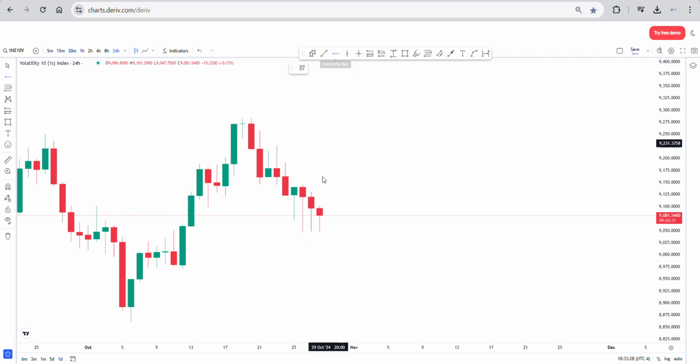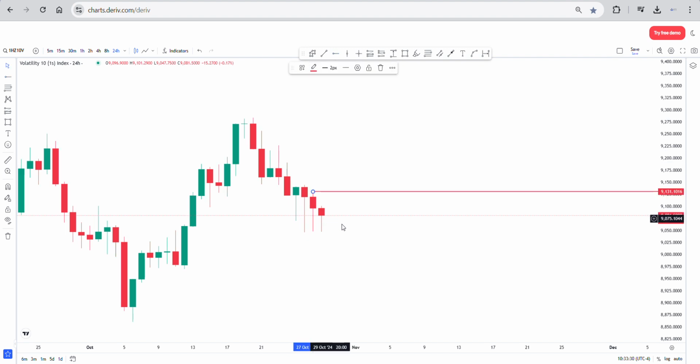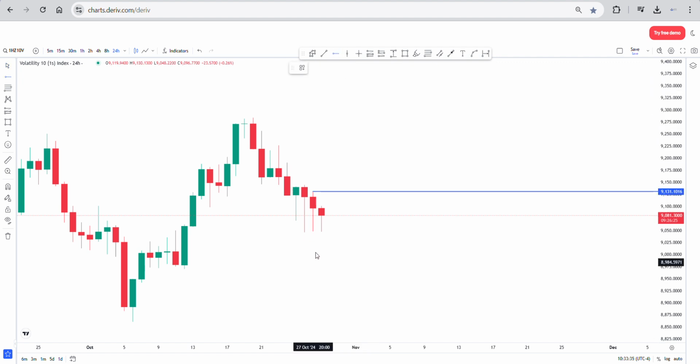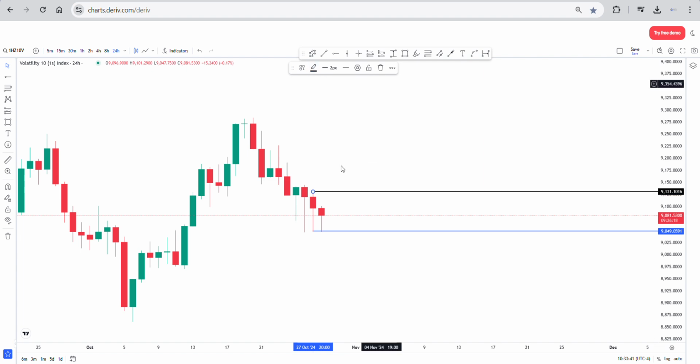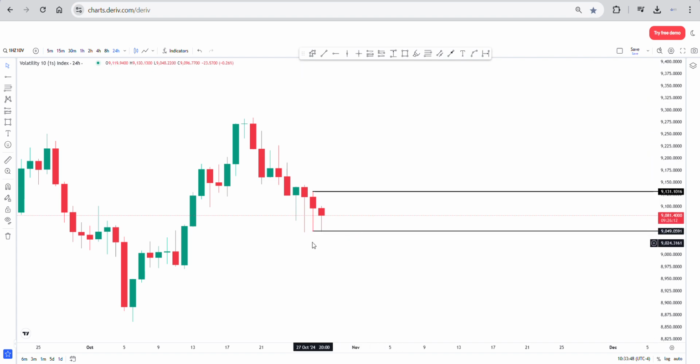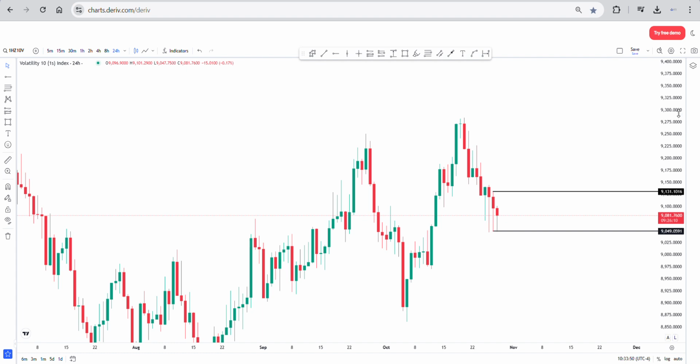This was this week's candle. We began from this candle. So this is that high and the low. So that was Sunday's high and low. All right. So that is just that.